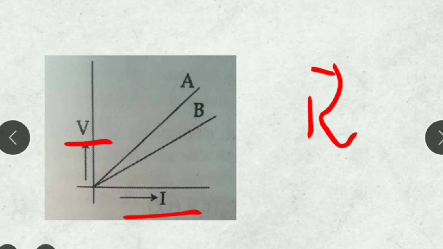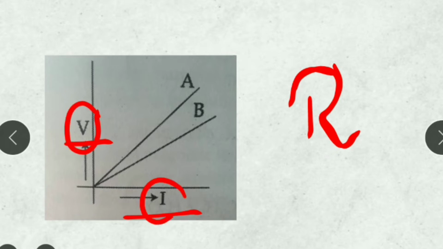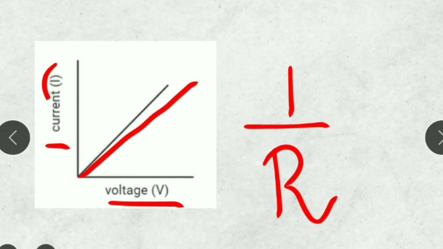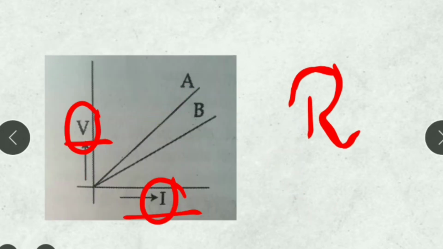So if you are facing a graph-based question in the exams, the first step is to check whether your graph is VI or IV. If it is an IV graph, then you would get the reciprocal of resistance, and if it is VI, then you will be getting resistance.